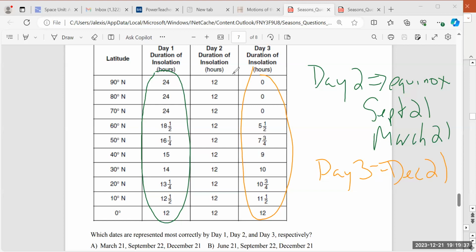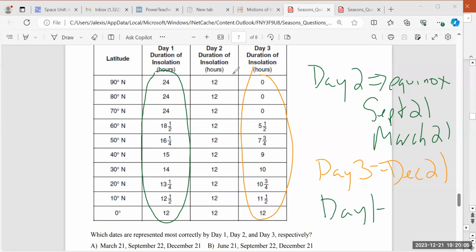And day 1, the fact that I am getting 24 hours, a large amount of daylight hours on day 1 compared to day 3, lets me know day 1 has to be what, everybody? Let me hear you say it.